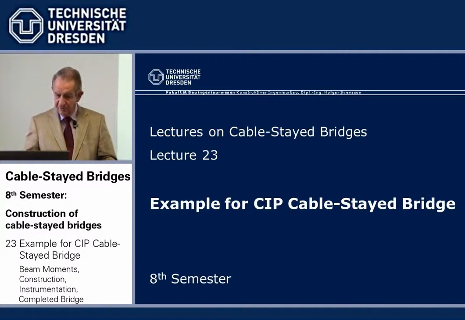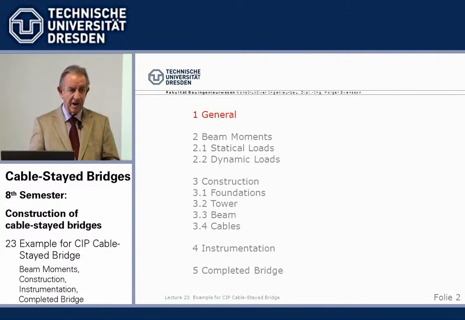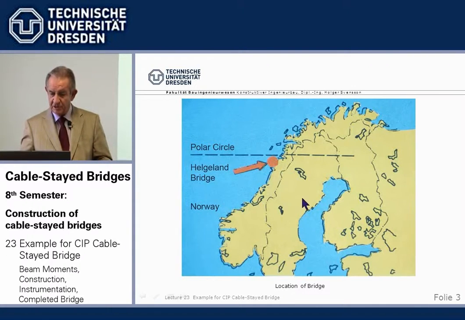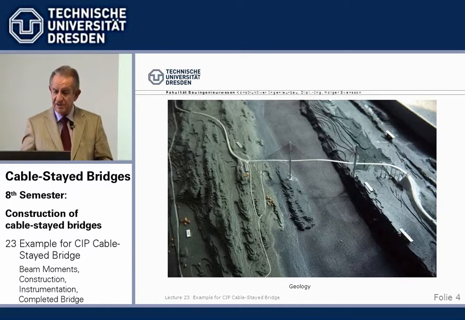We use as an example the bridge in Norway, the Helgeland Bridge across the Lier Fjord. The bridge is located at the west coast of Norway, very close to the polar circle. Across the deep fjord, we see here the geology. We have a fjord which is not shown in its full depth.